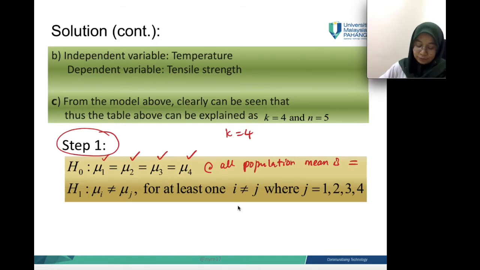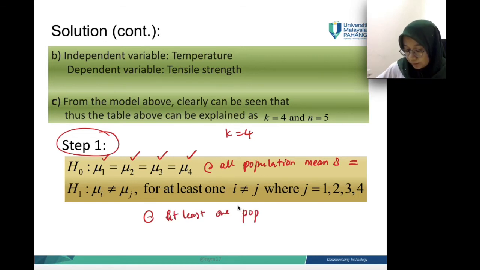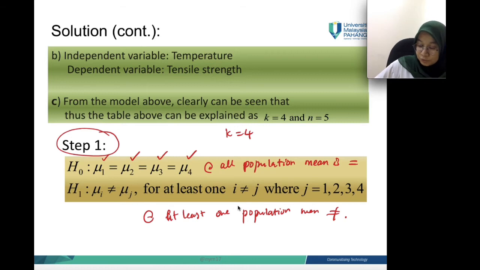For H1, you can write down mu i not equal to mu j for at least one i not equal to j, where j equals 1, 2, 3, or 4. You can write down at least one population mean is not equal. Okay, use words here, not symbols. Use words: similar or not similar. Done. Step number 1.